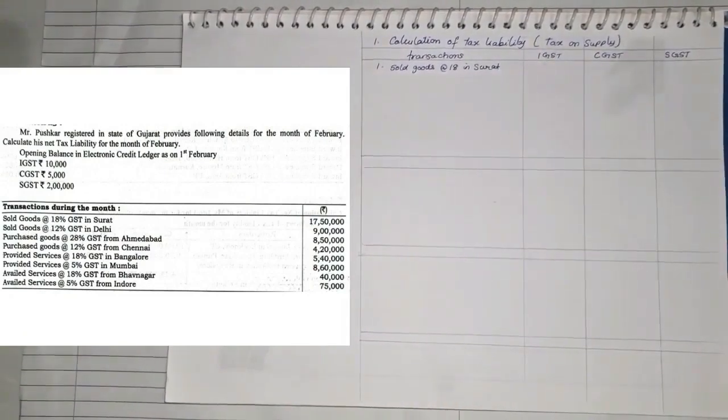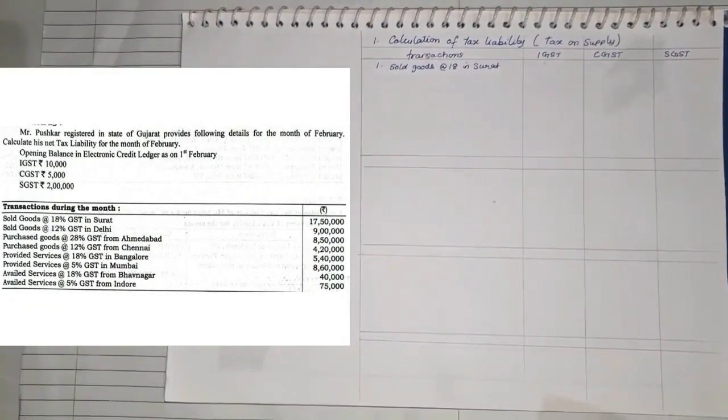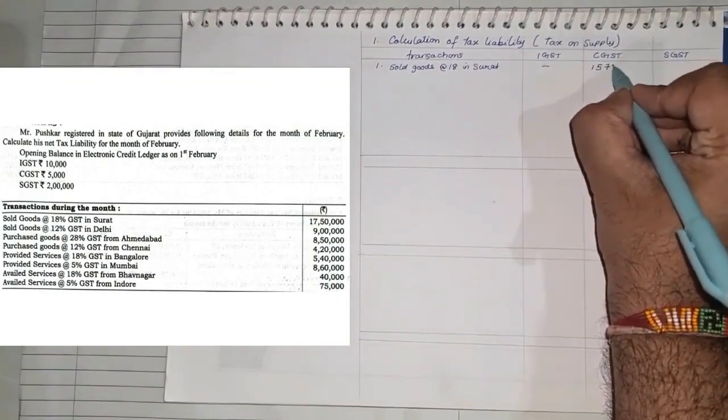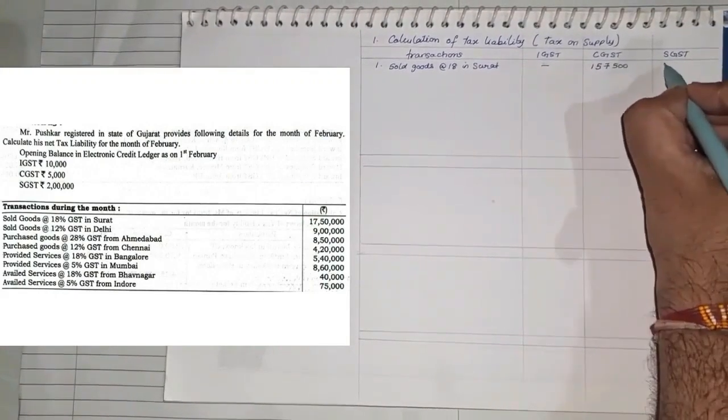The value is 17,50,000, so on a calculator, 17,50,000 into 9% is 1,57,500, which goes in two parts, 1,57,500 each.